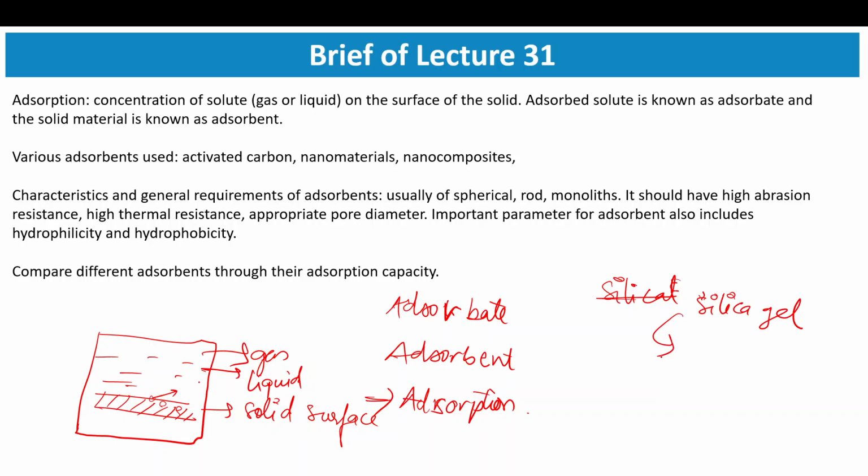This silica gel has a tendency to adsorb water molecules, so it has high affinity for water. It won't allow moisture in any material. So if you buy a new water bottle, to avoid moisture and further growth of microorganisms, silica gel is added, like a packet of silica gel you will be seeing in it.